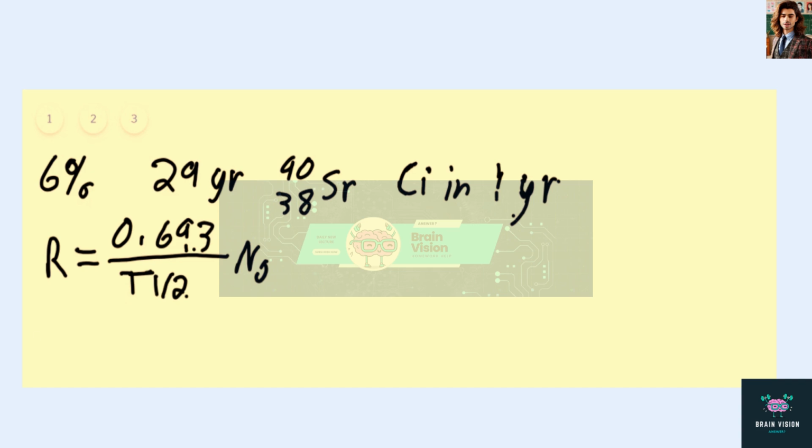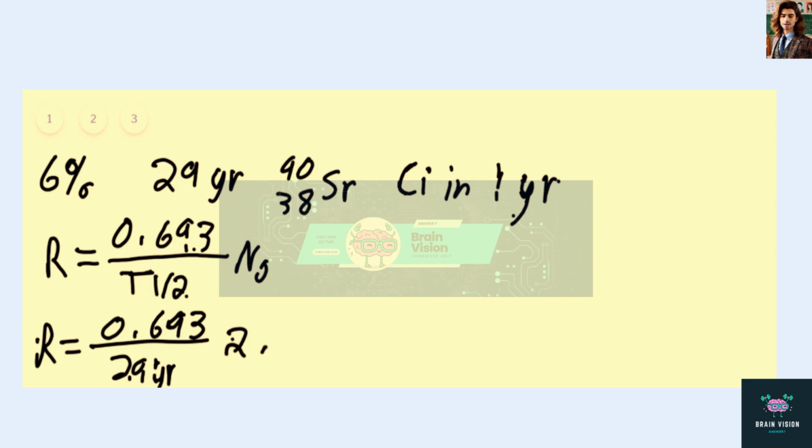So this becomes R equals 0.693, our half-life is given as 29 years, and our number of radioactive nuclei we solved for in the first part of this question, which was 2.07 times 10 to the 27th, but we're told in the question stem that it's 6%, so that becomes 0.06.